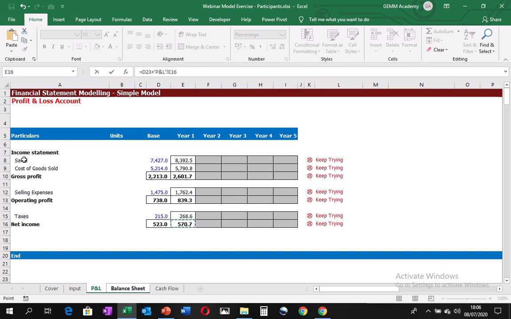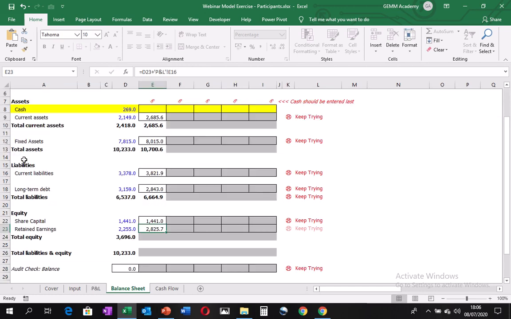If we have dividend, we would have subtracted dividend from this before we get our profit to be retained. So that is our retained earnings. Then we extend this, Control R, extend the total liabilities and equity, Shift, forward arrow, Control R, then extend the audit check, Shift, forward arrow once, Control R.